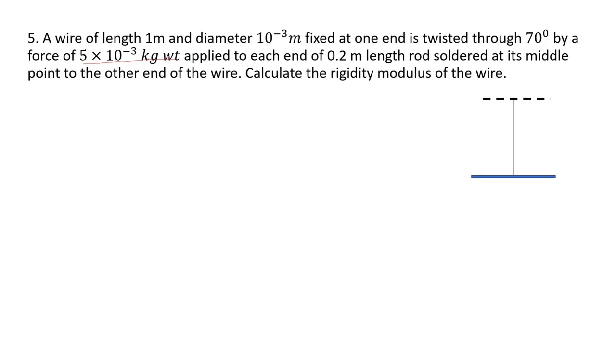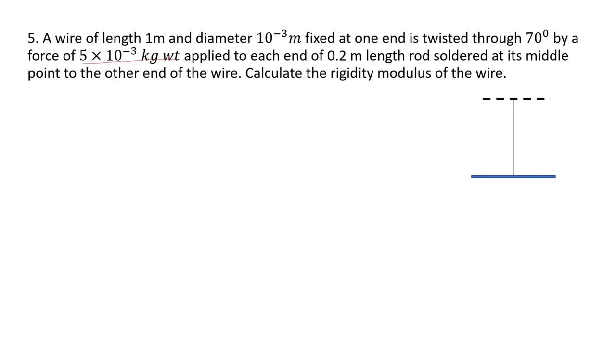So, we are asked to find the rigidity modulus, and the scenario given is twisting. We have been given enough information to find the torsional couple tau. So, the torsional couple tau can be calculated, and we have an equation for torsional couple, and in that equation we have eta, that is the rigidity modulus.